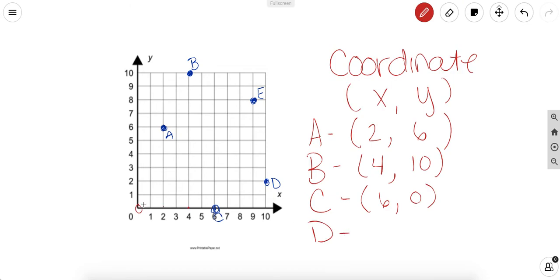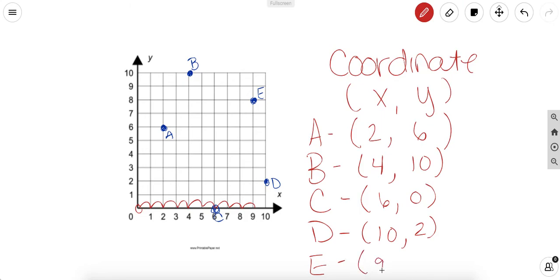And then I'll do quickly D and E. So we're going to have to go over 1, 2, 3, 4, 5, 6, 7, 8, 9, 10. Move over 10, comma. How many times do you have to move up? 1, 2. And then lastly, E. I think we're getting the point, but I'm just going to keep going. We had to move over 1, 2, 3, 4, 5, 6, 7, 8, 9.